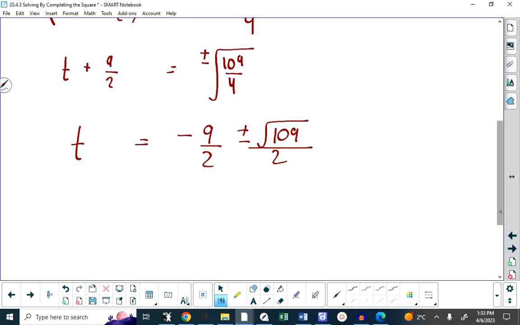Because the square root of 4 is 2. Right? Root 109 quarters is root 109 over root 4. And we happen to have a common denominator. So let's put it all over 2.